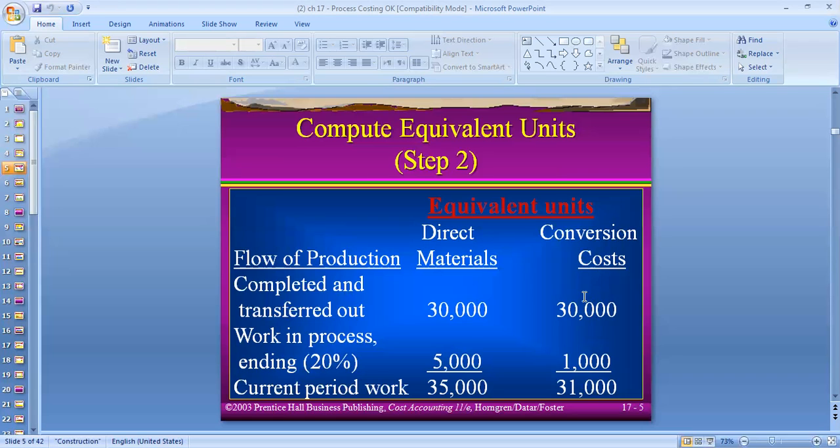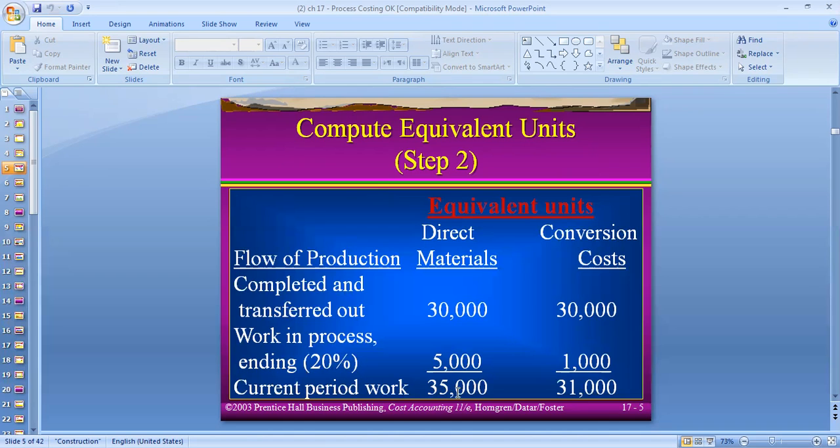Why did we gather both items together? Because the completion rate is the same, that is 20%. The ending work in process is 20% for conversion, but he didn't tell me the completion rate for direct material, so it is 5,000 for direct material, and 20% of 5,000 gives 1,000 for conversion cost.